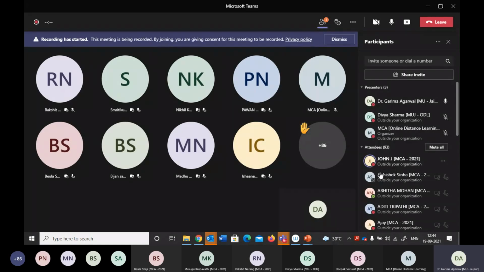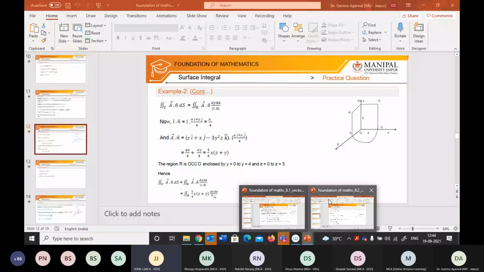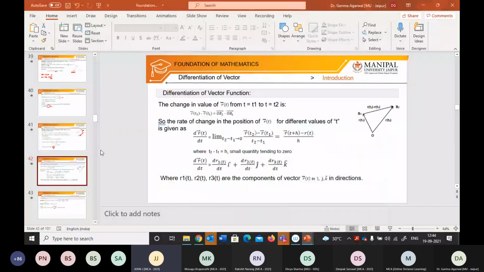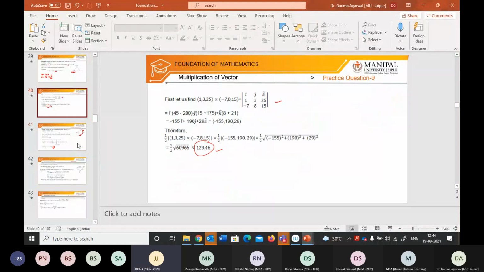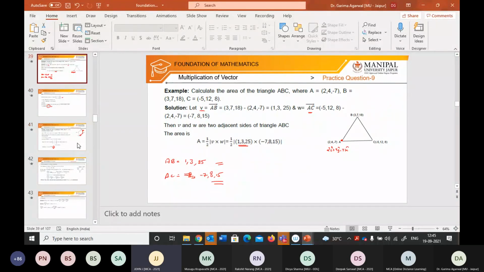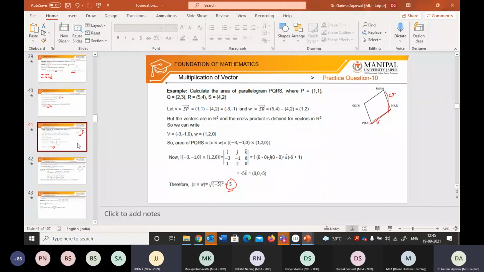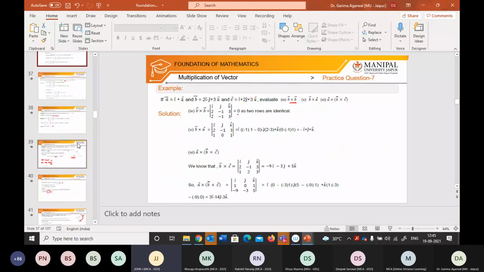Yeah, ma'am. So the last section, right? You mentioned a parallel vector was there, right? How to find that parallel vector's values? You are talking about which question? This one? No, the previous one, before starting this one, the multiplication.